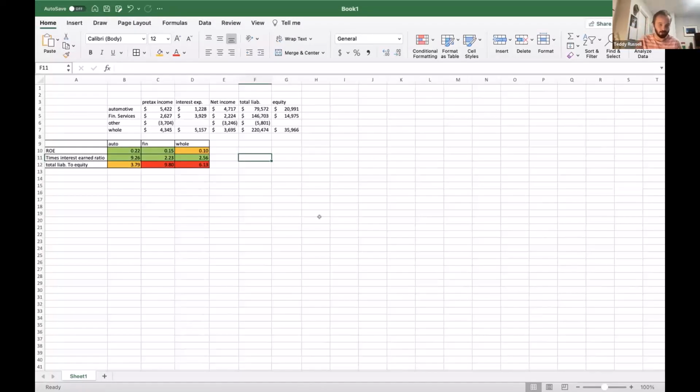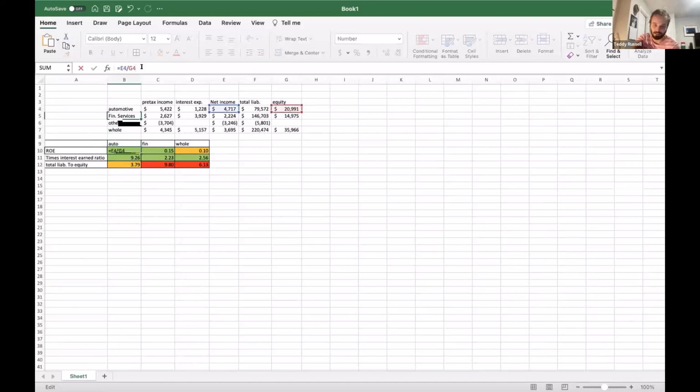I put in the table that was given to me, and using these numbers, I computed the ROE of each of these different firms, as well as the whole Ford firm. I did ROE, times interest earned ratio, and total liability to equity using these formulas. I think these are right. Some of them I Googled, so maybe they're different from the book.